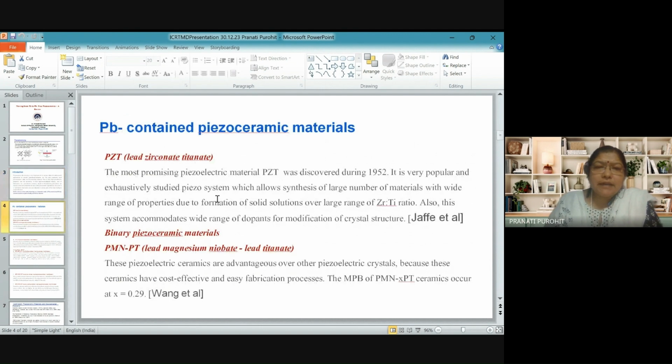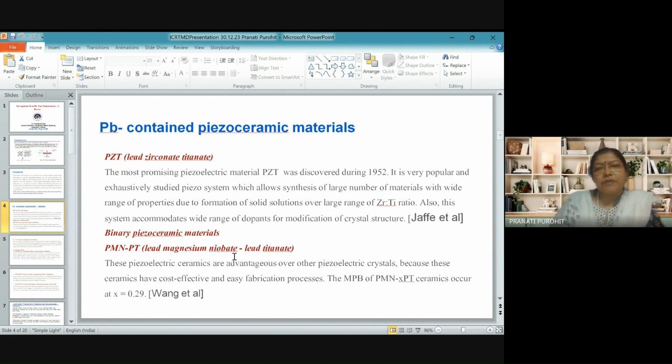So what are the lead-containing piezoceramic materials? The first one is PZT, also known as lead zirconate titanate. The most promising piezoelectric material, it was discovered in 1952, and it is very popular and exhaustively studied.